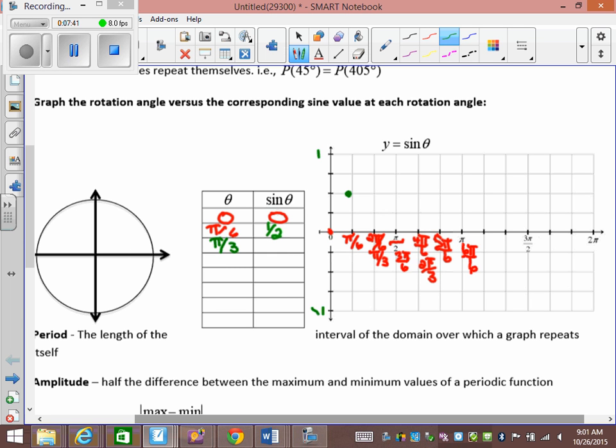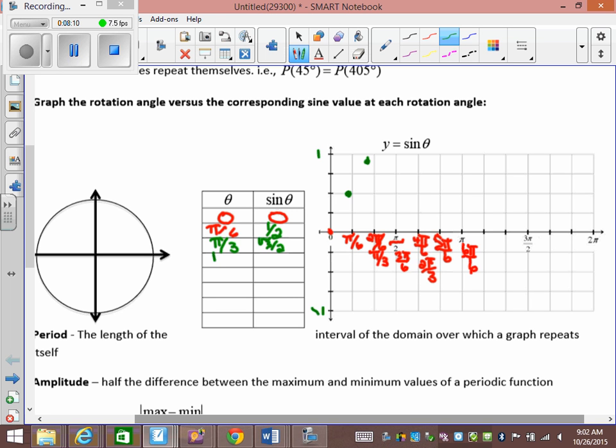And what's root 3 over 2? I think it's 0.866. Try it out. What do you get? So we're going to be kind of guessing on that one, right? Somewhere between 0.75 and 0.866.